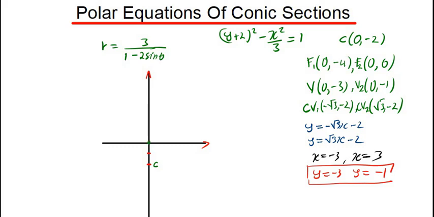Let's go to our vertices. One of them is at 0 comma minus 3, which is one here. I can say this is my v1. Another one is at 0 comma minus 1, which is this point. I can say that's my v2. Then my cv1 and cv2, the co-vertices, are just going to be somewhere here, like that.